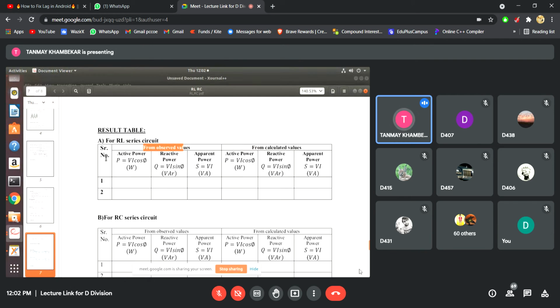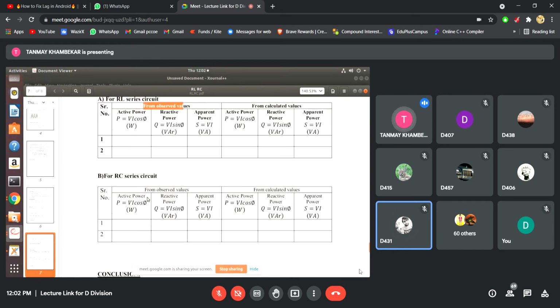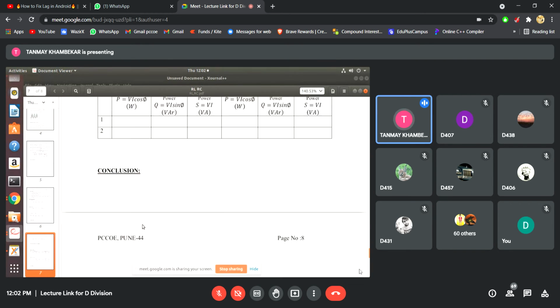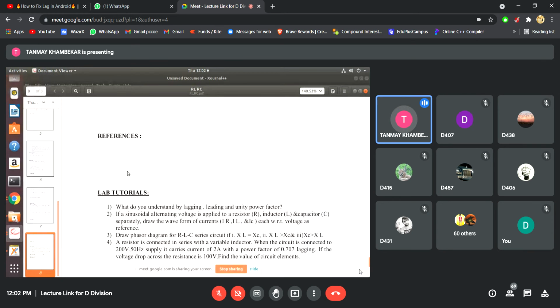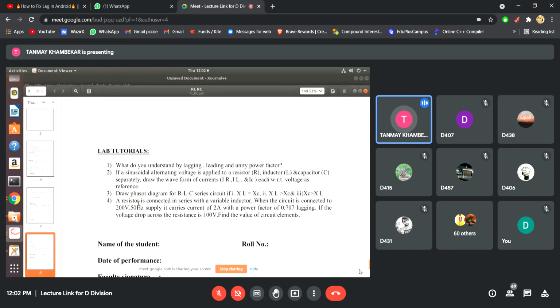Only this serial number, active power, reactive power, apparent power. That's it. Only these three columns. Got it? Yes, ma'am. Same for RC. Only these three columns you will fill. This is not there, so don't write down this heading also. And then the conclusion. Then the references, what you have referred while completing, and then the lab tutorials.